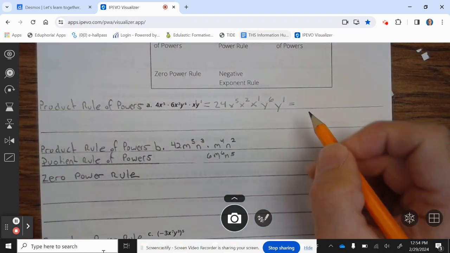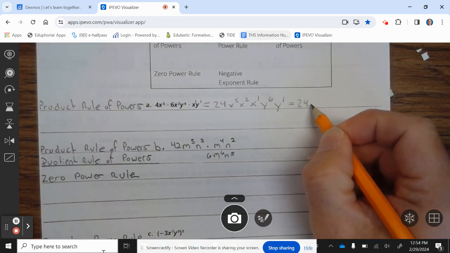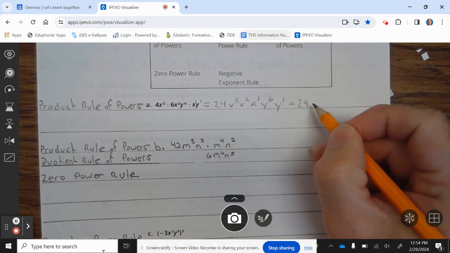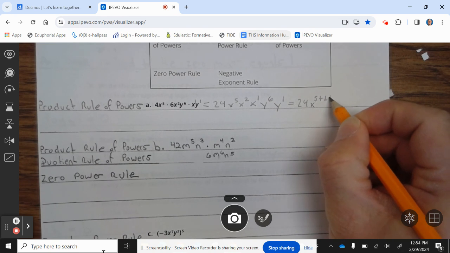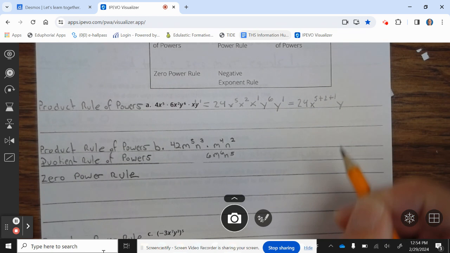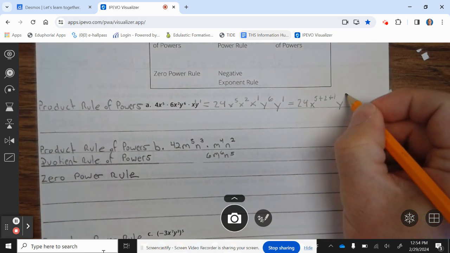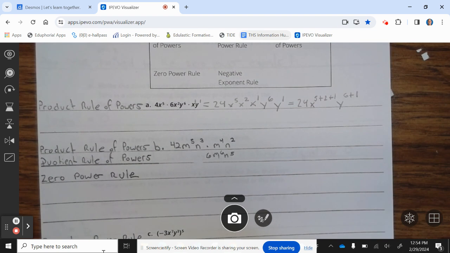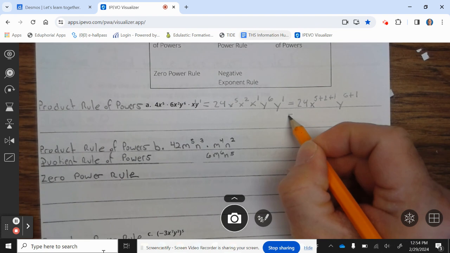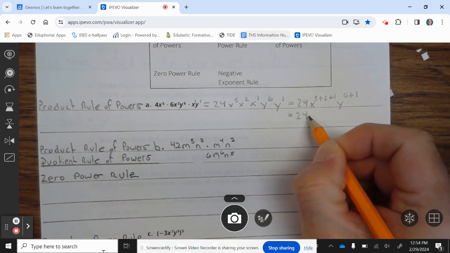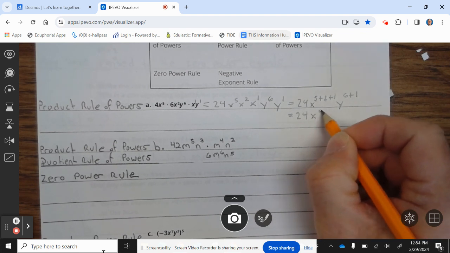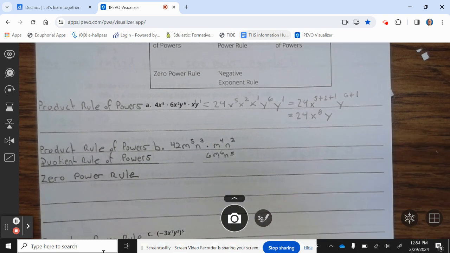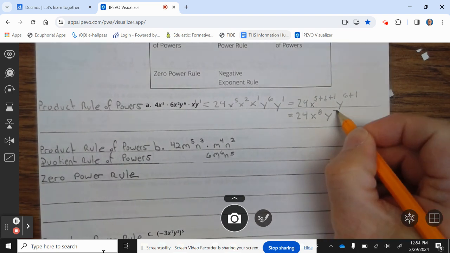So then that's 24 x to the 5 plus 2 plus 1 times y to the 6 plus 1, which simplifies to be 24 x to the 8th, because 5 plus 2 plus 1 is 8. And then y to the 7th, because 6 plus 1 is 7.